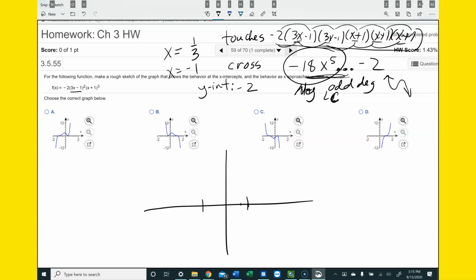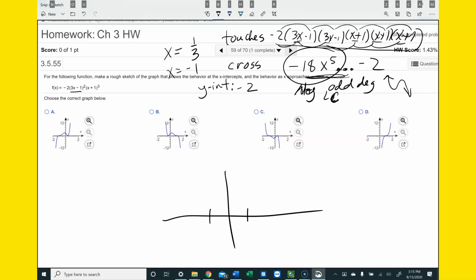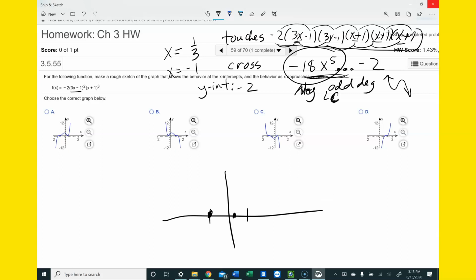I'm going to touch there. Well, I didn't draw it very well. Let's try that again. Oh, that's terrible. Let's just start. Let's try it again. There's 1/3. I'm going to touch there. There's negative 1. I'm going to cross there. My right arm's going to be down. And my y-intercept is going to be negative 2.